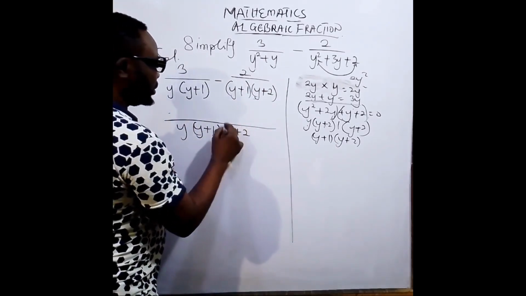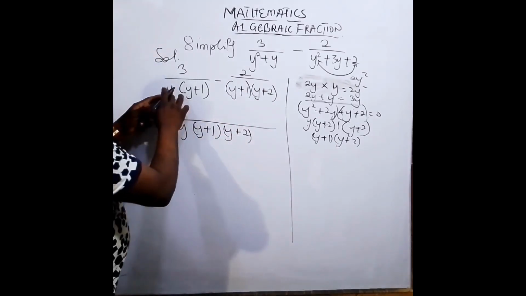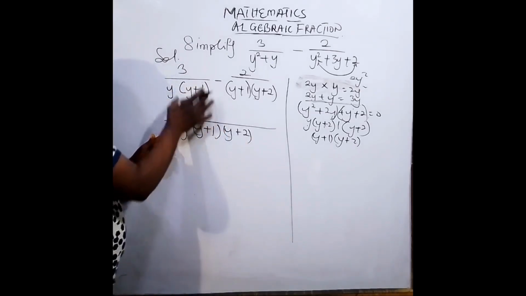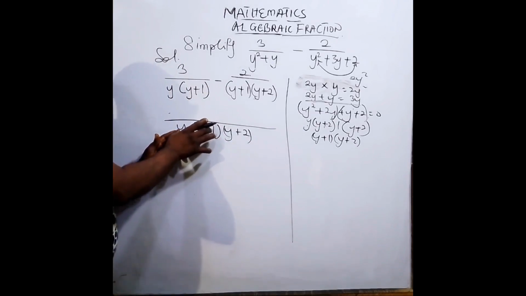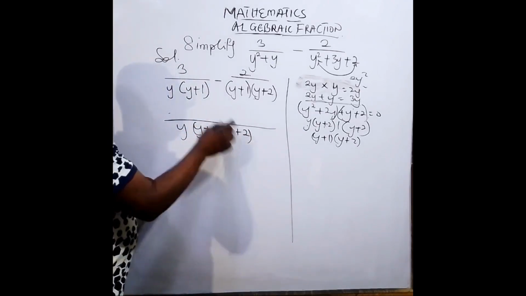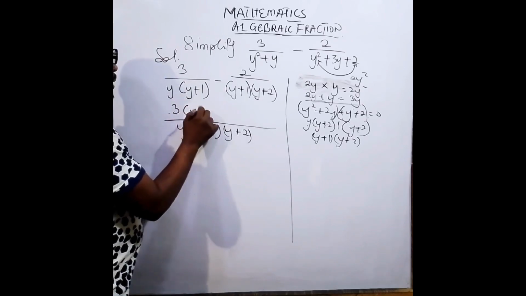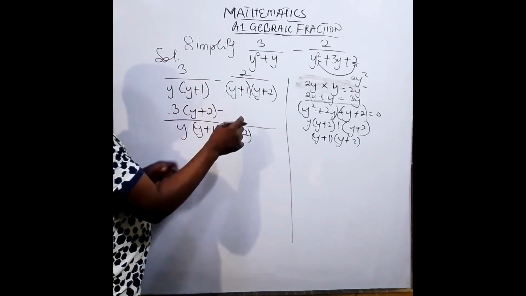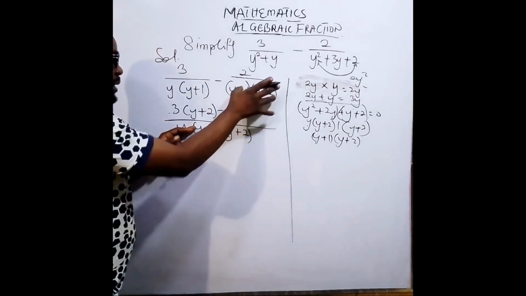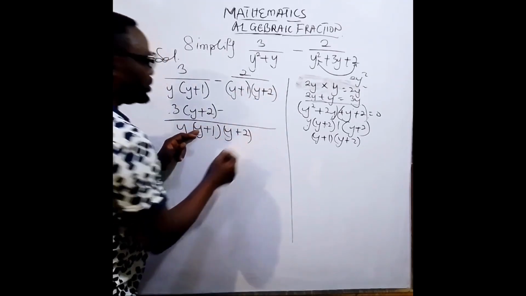Now you say y plus 1 in all this. When we place them over one another, we are going to discover that it's only this y plus 2 that will remain. So it will be 3 into bracket y plus 2 minus y plus 1, y plus 2 in all this. You place it over one another, all these will be cancelled out.